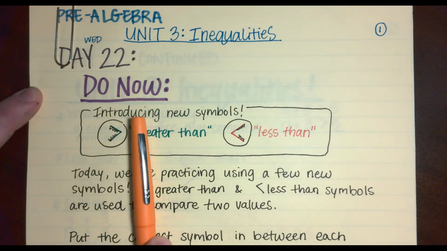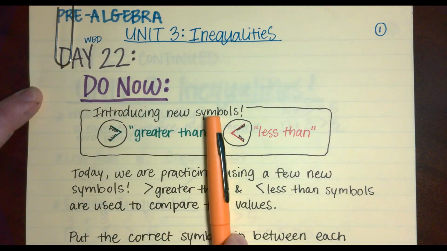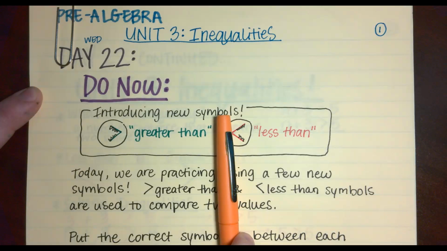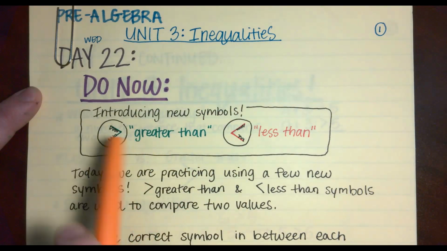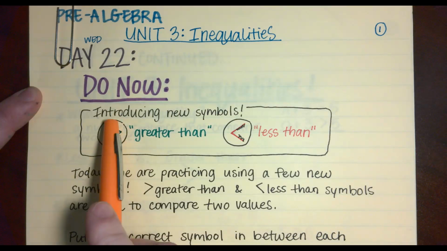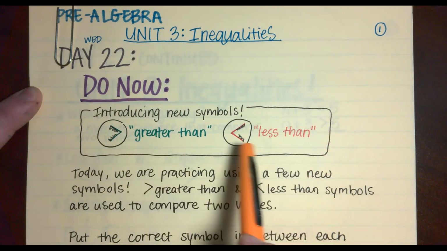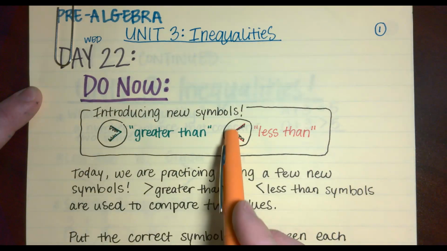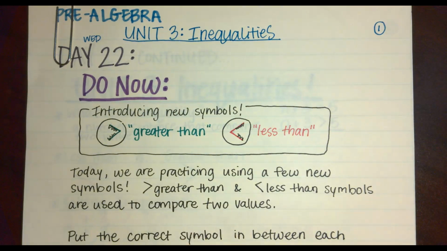And if I keep going left to right, I hit the small part of the less than symbol first. So greater than, the opening, the big part comes first. Less than, the closed small part comes first. And I think this will make more sense as we put it in context.